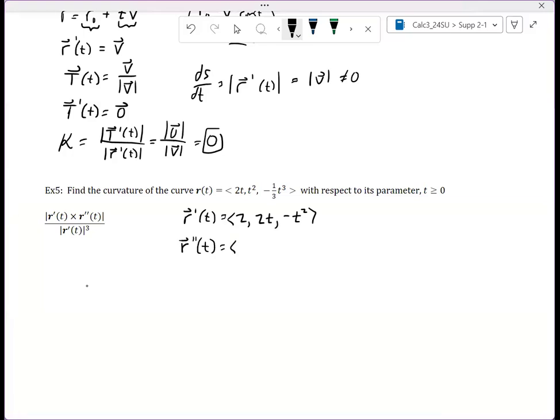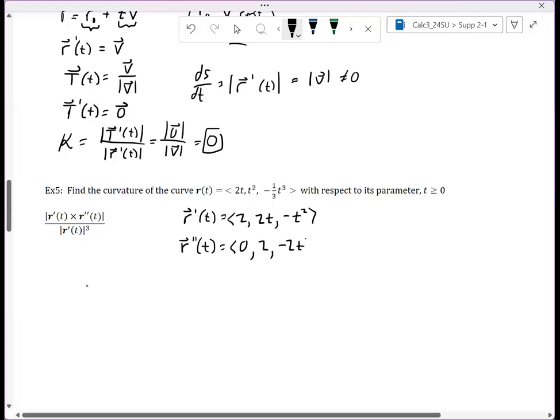The second derivative is 0 for the first component, 2 for the second component, and negative 2t for the third component. Okay, now there's two things that I need. I need this big cross product in the numerator, taking the length of that, and then I need the length of r prime.